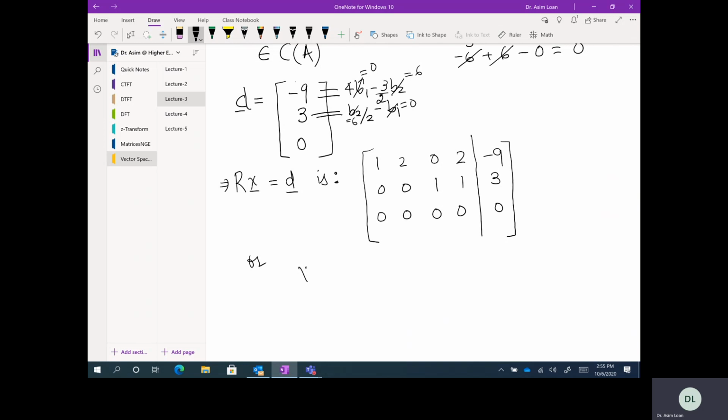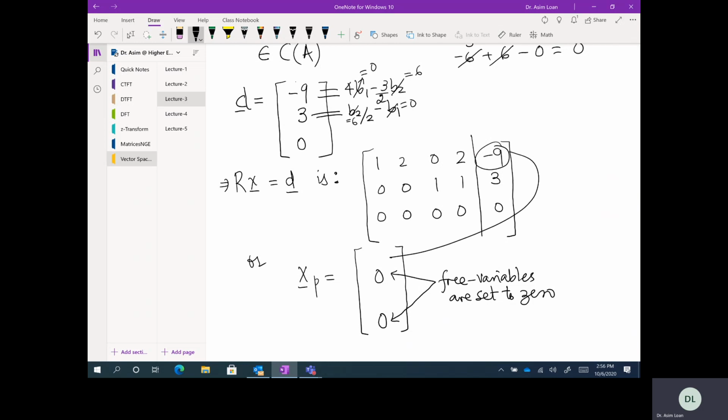What is xp? xn we have already found. So xp is simply, the free variables are set to 0, and this minus 9 comes here.